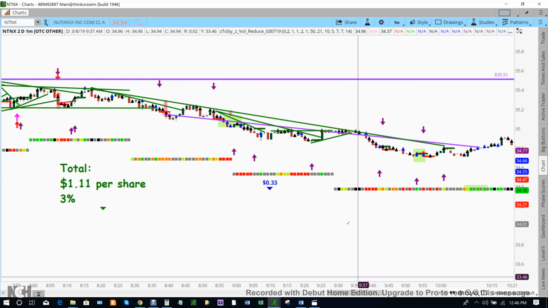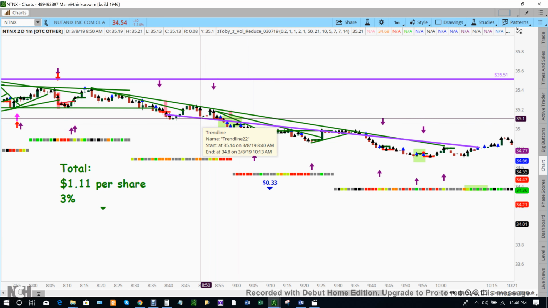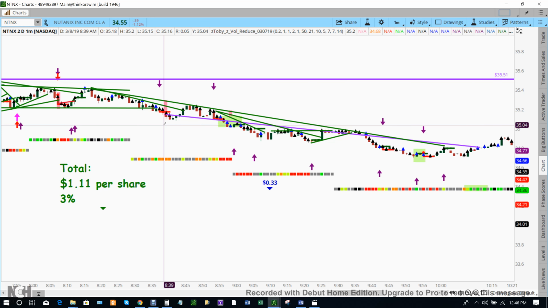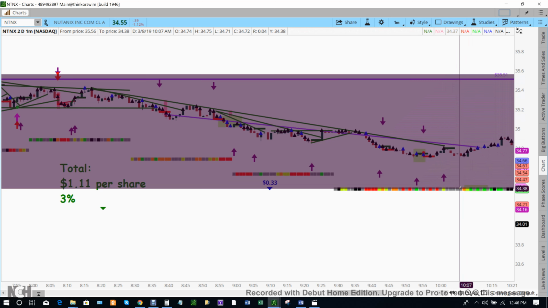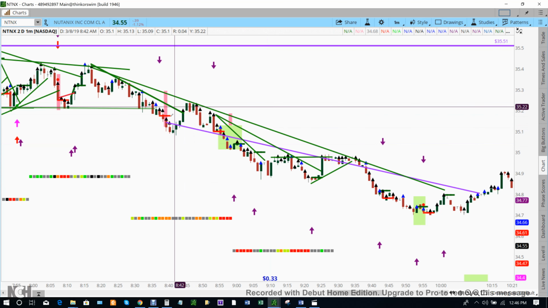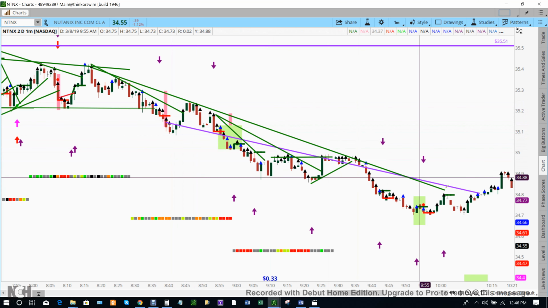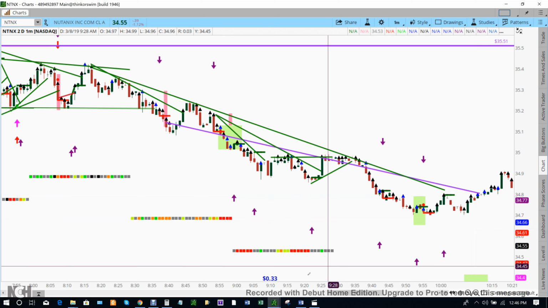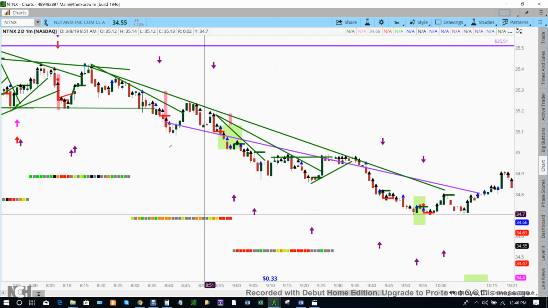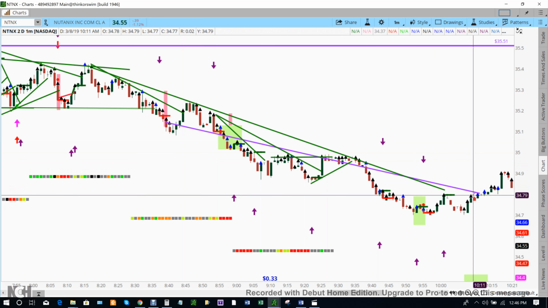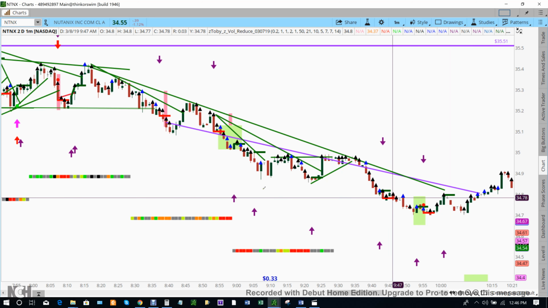And then later on in the day, now I had a purple line, and I got in and I did a long term. It doesn't look that good, does it? Let me zoom in. Now you can see I got in here and I rode it all the way down here for a long ride, and it was 33 cents. Well, the stock is 34 dollars, so that was like a long-term 1% gain right there.